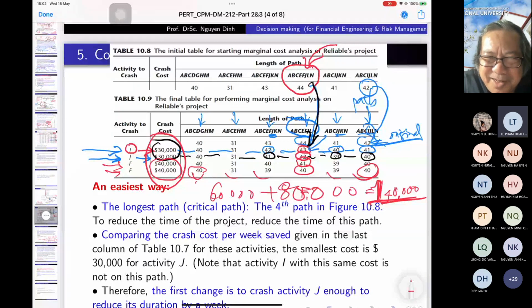Have you looked at the lecture notes I taught you last week before coming to the class today? No? Not yet. Okay. The question is very easy, but none of you can answer. So I see that you never look at it.